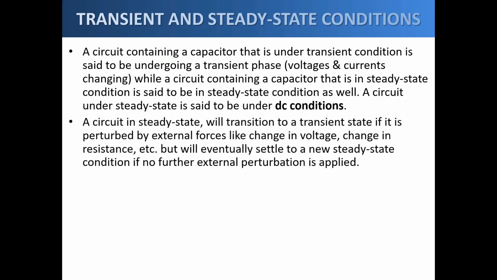A circuit in steady state can transition to a transient state if external forces are applied on that circuit. For example, if we change the voltage of a voltage source or the resistance of one resistor, that will trigger a transient condition.